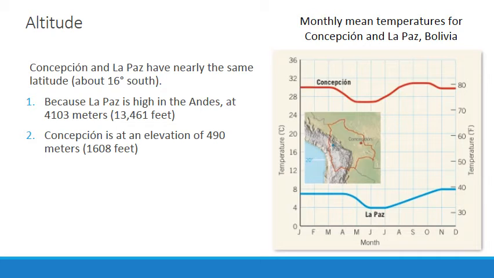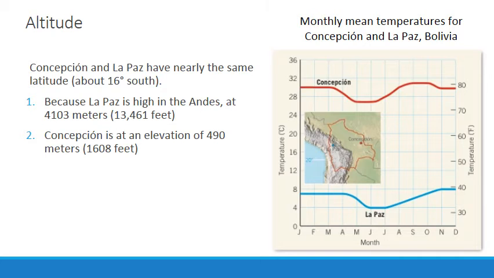Both cities are near the equator and relatively close to one another, but the annual mean temperature at La Paz is significantly lower than that at Concepcion.